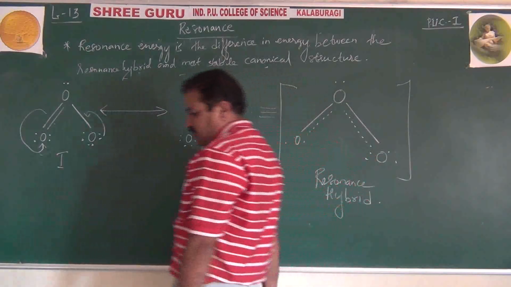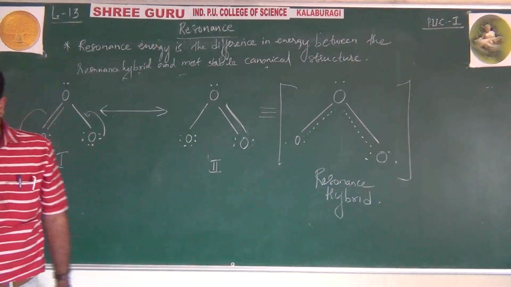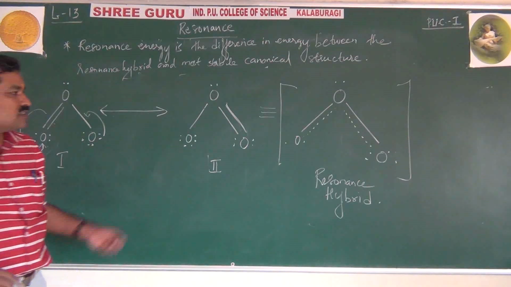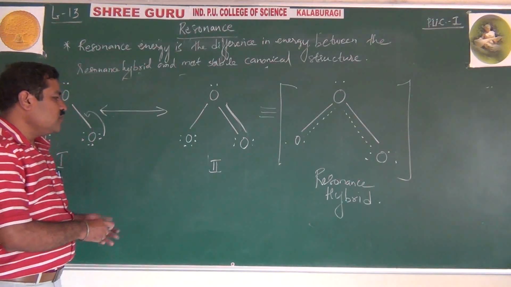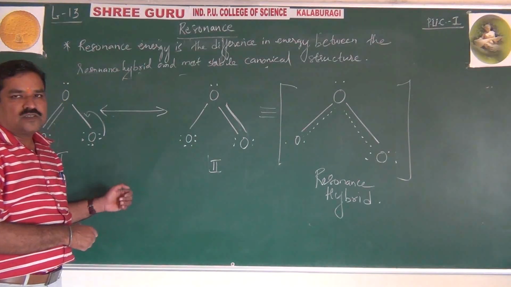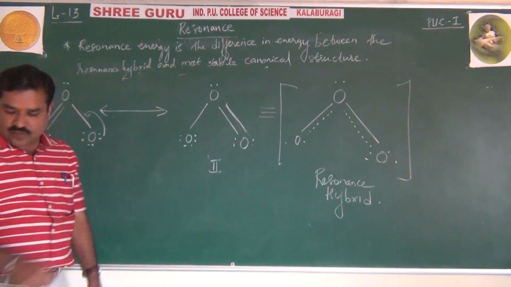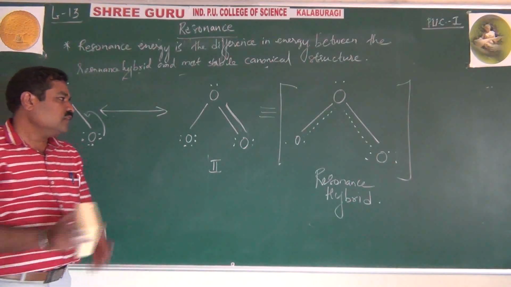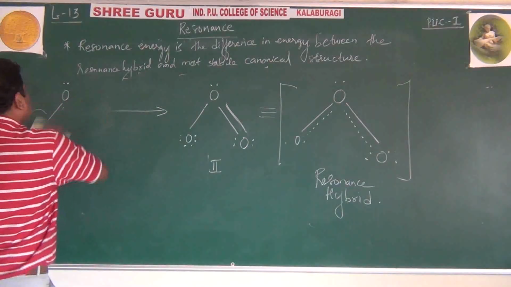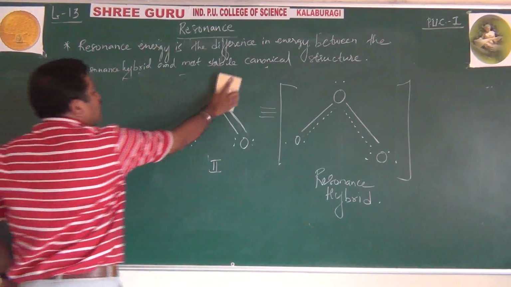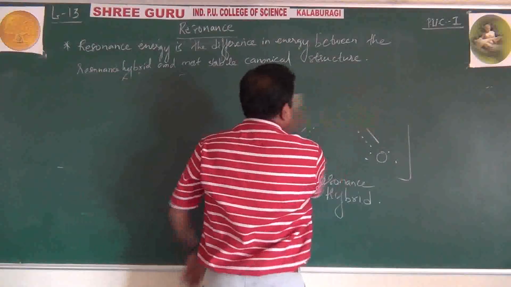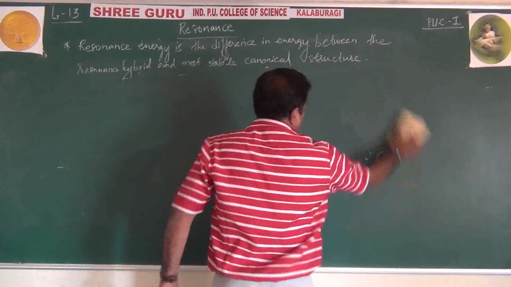Like this, you can learn so many examples of resonance structures. Very good example, important for theory for 2 marks. Afterwards, besides the resonance structures of ozone, carbonate, nitrate and benzene, they give you some more examples, especially for CET.